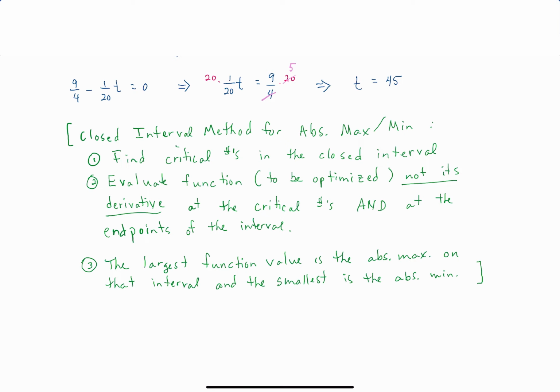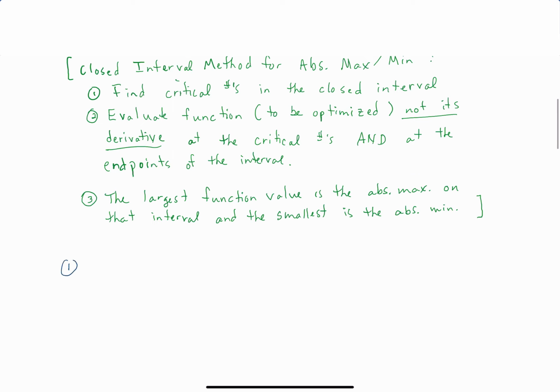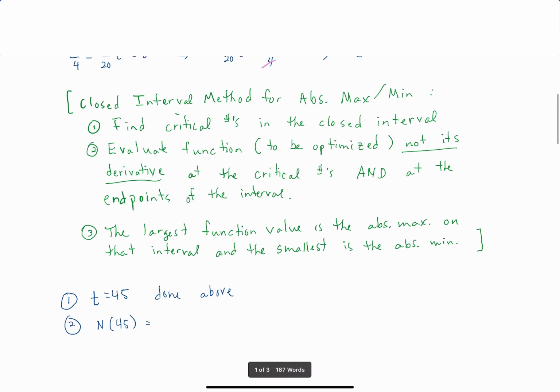Okay, so here we go. Step 1, we already did. The critical number is t equals 45. Step 2, I'm going to evaluate the function N of t, not its derivative, at 45. So let's see.